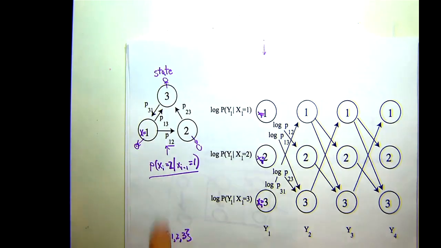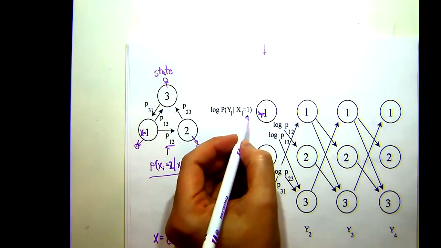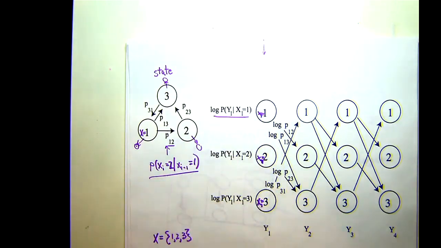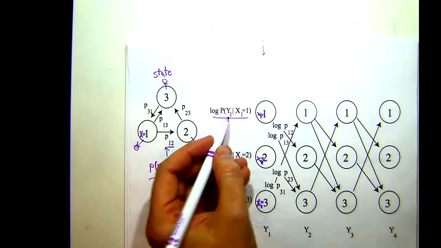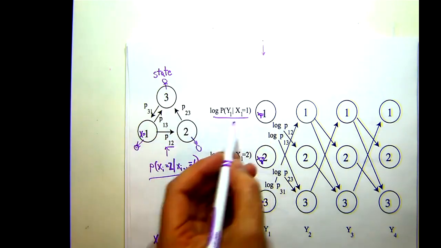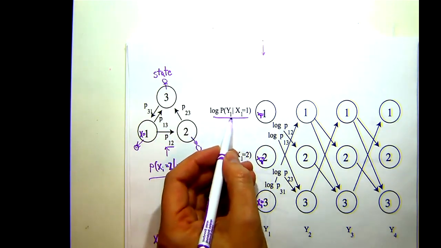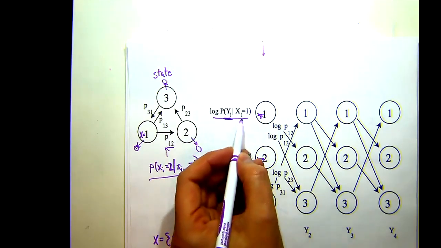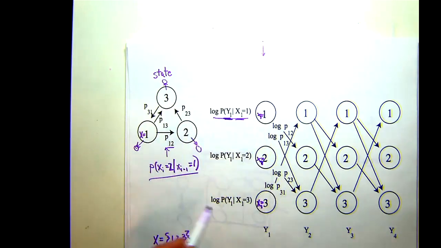And that's the same thing that the state diagram there is showing. We have 3 x states, and we can move among them. Each one of these things also has a probability associated with it, which is the emission probability. So for this node, we're going to have the emission probability of y equal to 1 because it's time 1, and we're talking about, again, time 1, x1 is equal to this.